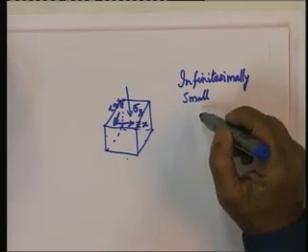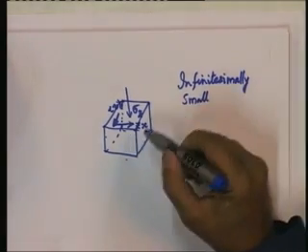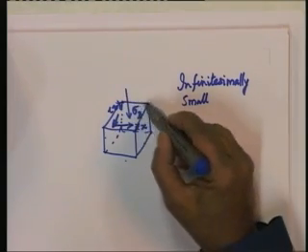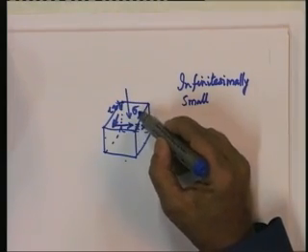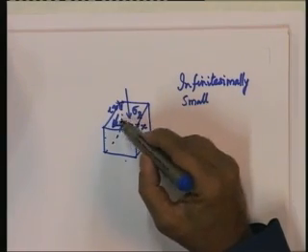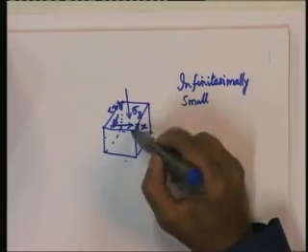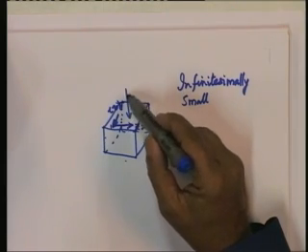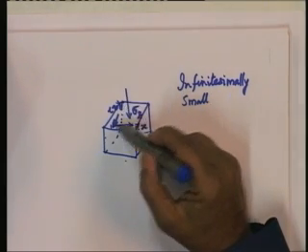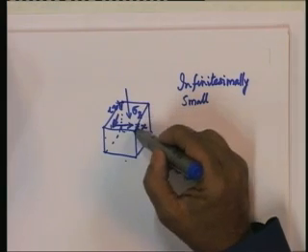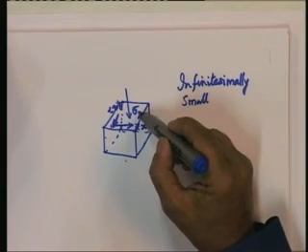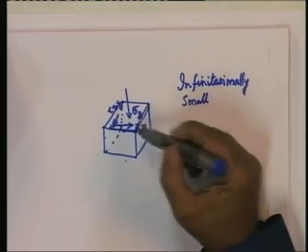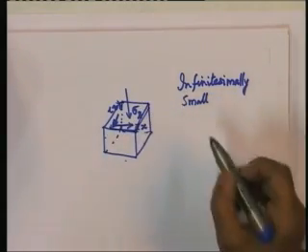Infinitesimally small element implies that the element is so small, its dimensions are so small that the stresses acting on this, that is sigma z, tau zx, tau zy, are all uniformly distributed over this, which means that if you want to get the three forces, one vertical and two horizontal on this surface, you just need to multiply this stress by the area of this surface, because the stresses are assumed to be uniformly distributed.